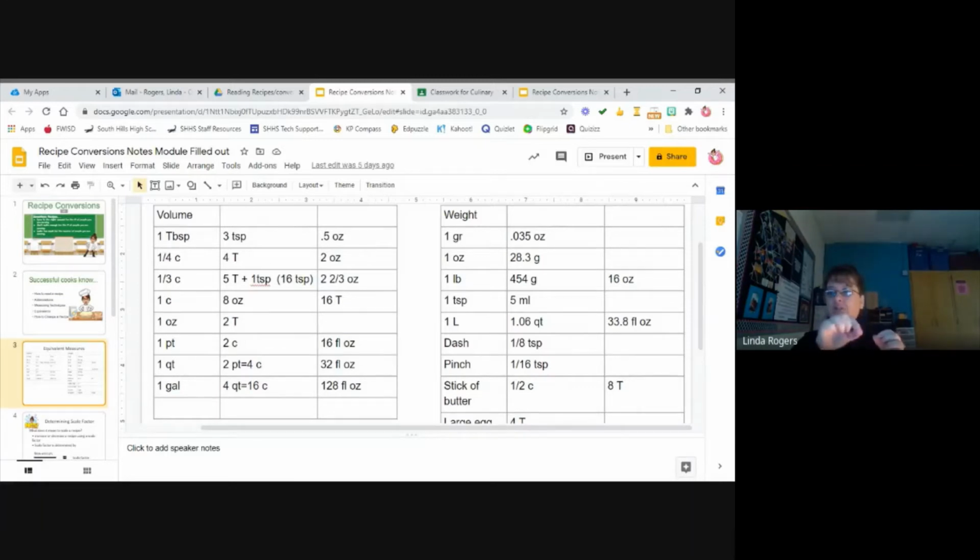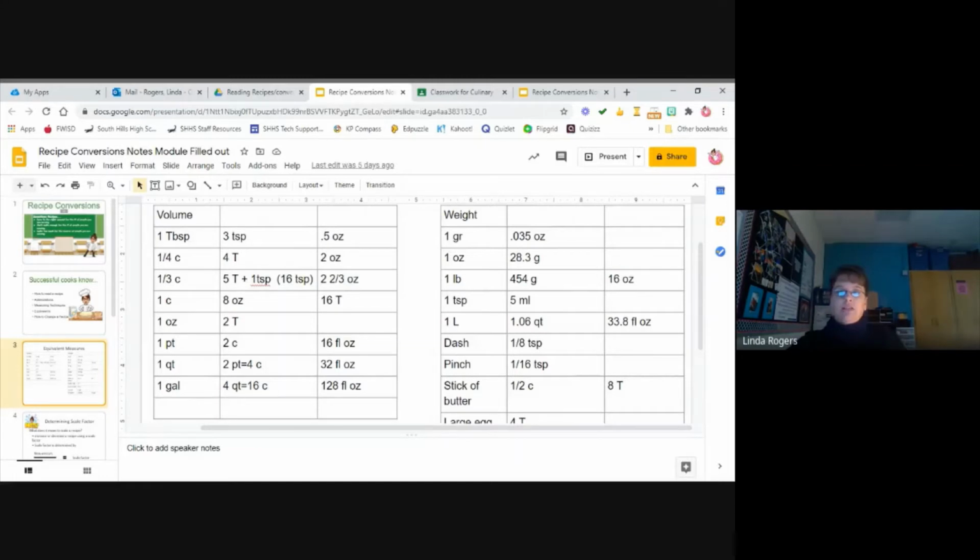It doesn't do a decimal. Ounces, it usually will do 1 decimal point. So be mindful of that. A pound is 454 grams or 16 ounces.